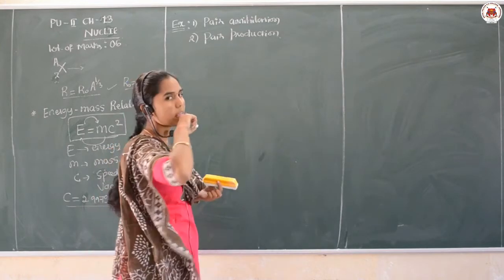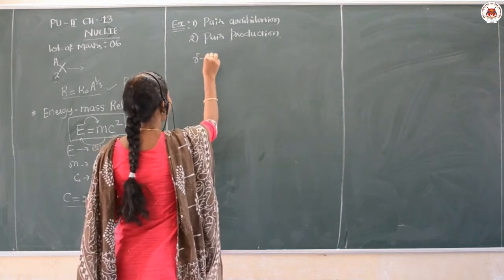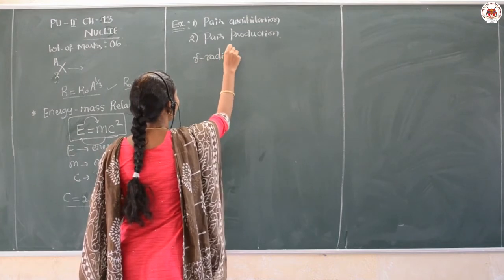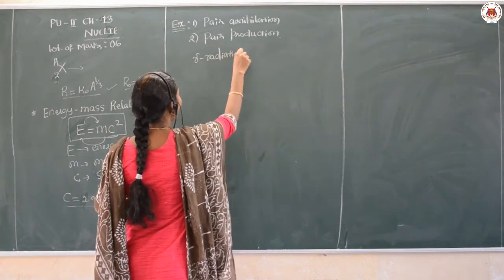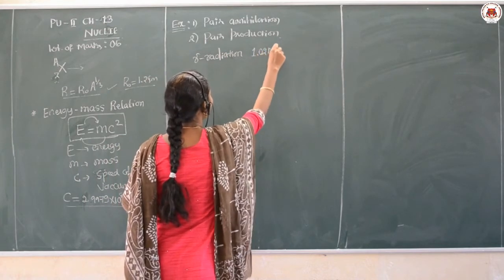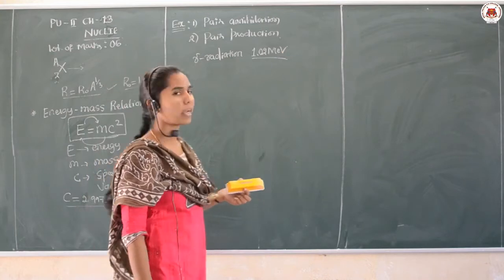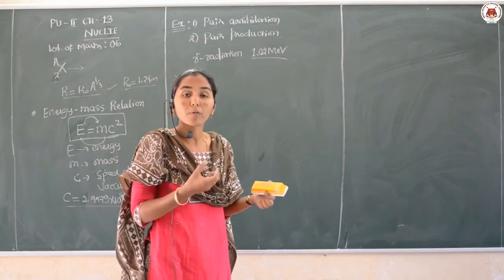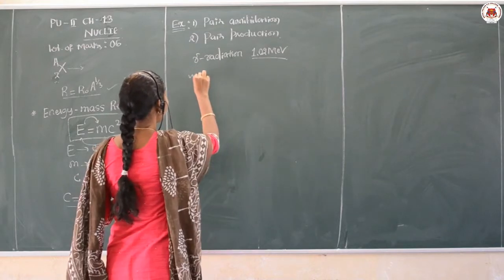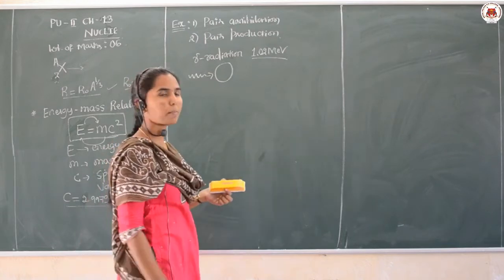The second one is pair production. When a gamma radiation of energy nearly 1.02 mega electron volt approaches a heavy nucleus, what happens here?